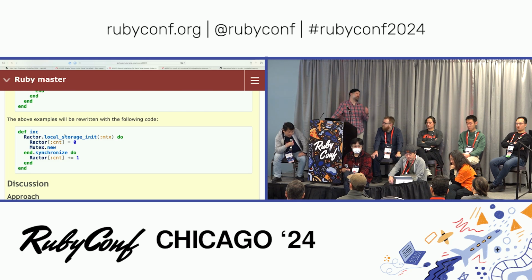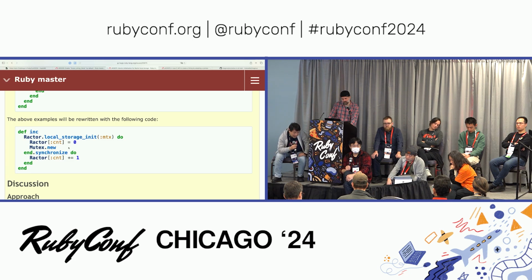Every time the inc method, which stands for increment, is called, it tries to call the local storage init with Once. If we don't have a local storage named MTX, then initialize it with the block.